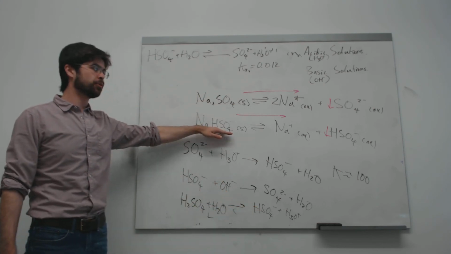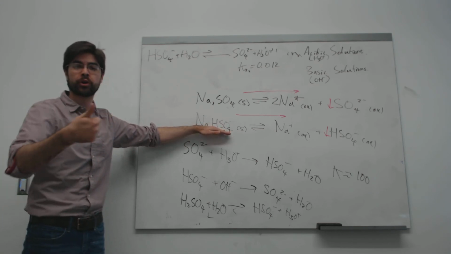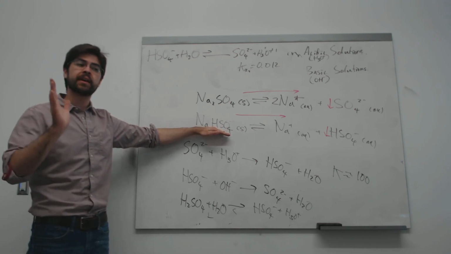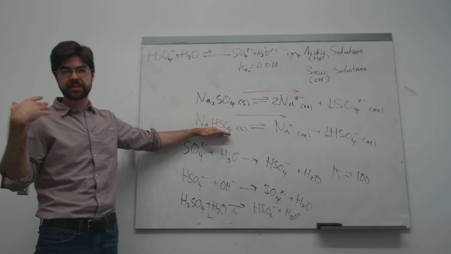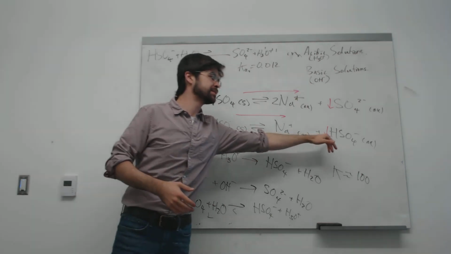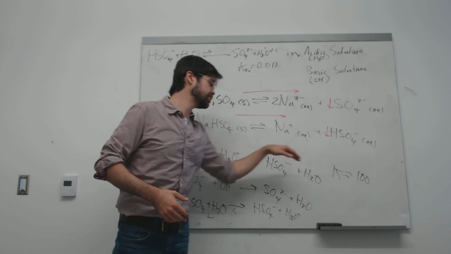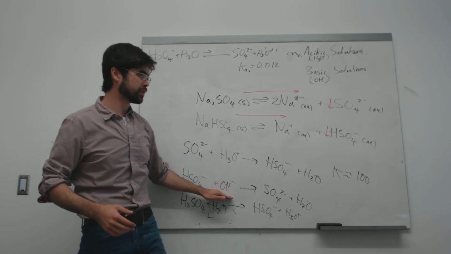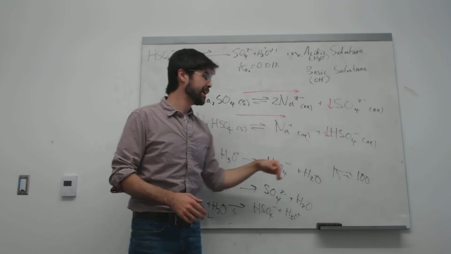If it's a better acid than a base, it will prefer to react with bases. I'll say that again. HSO4- is a better acid than a base. If it's a better acid, it would tend to react with bases, which means that if you want to remove HSO4- from solution, the best way to do it is by adding a base. That will react with it, that will reduce its concentration and drive the reaction forward.